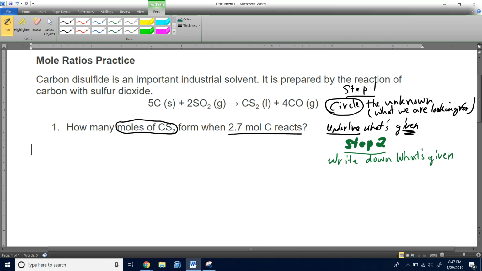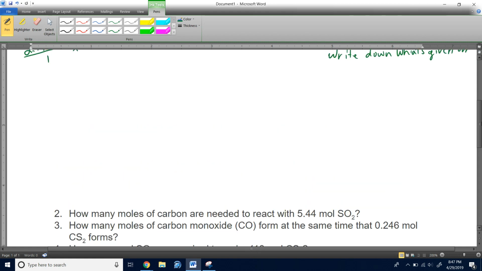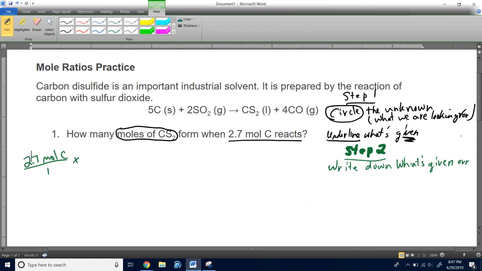What's given was 2.7, so we're going to write down 2.7 moles of carbon, and we always put that over 1. So write down what's given over 1. Okay, so that's our second step.